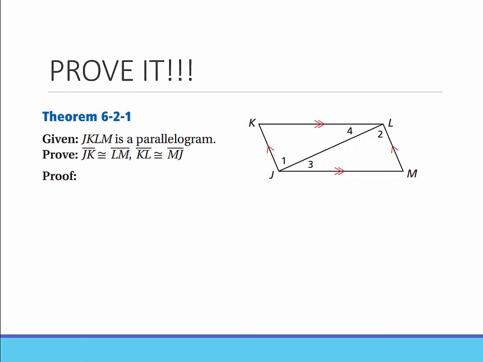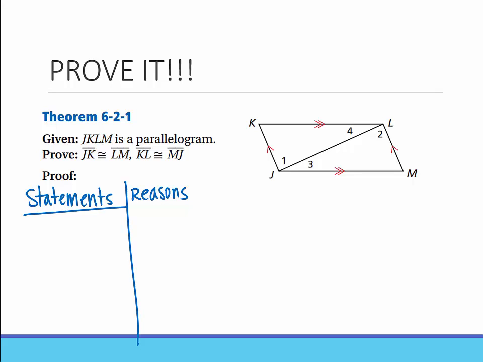So let's prove one of them. I'm going to give you a parallelogram, and you have to prove that your opposite sides are congruent. So let's write our 2-column proof with our statements and our reasons. The only thing they give us is that JKLM is a parallelogram.